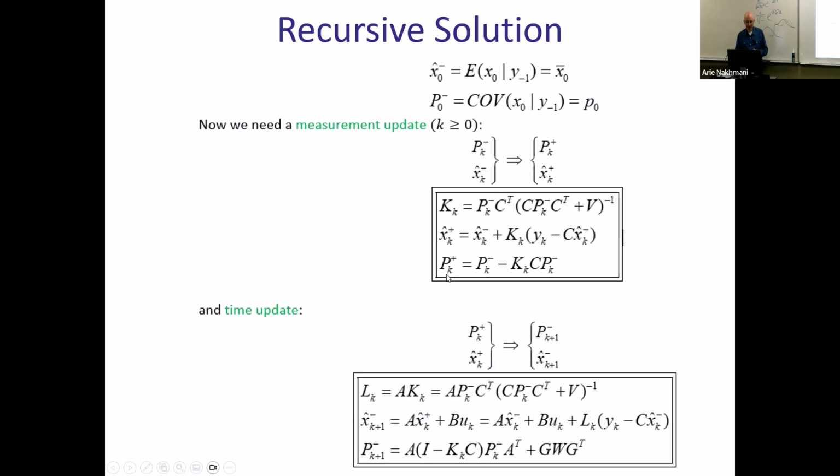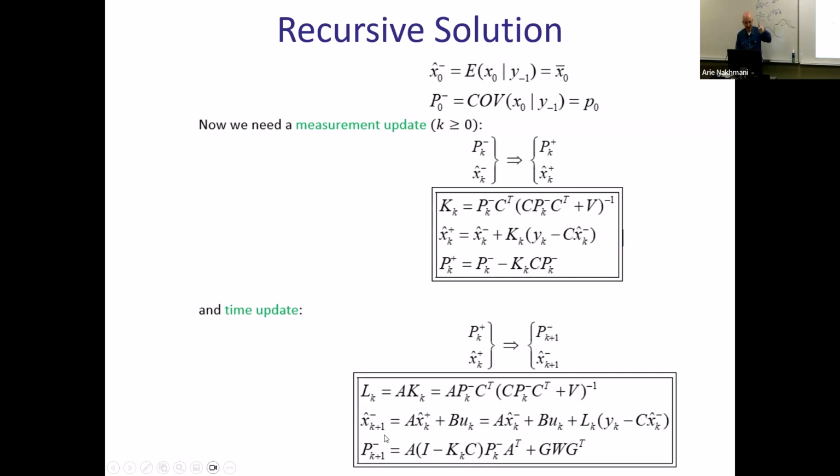Now I want to get from these three values to the next time step, which means the next prediction. You have prediction, measurement, prediction, measurement for each sample coming into your system. So now I have a new measurement, and I use it to get these three variables. Now I'm using these three variables to predict the next location, which will be the minus part at K plus 1.